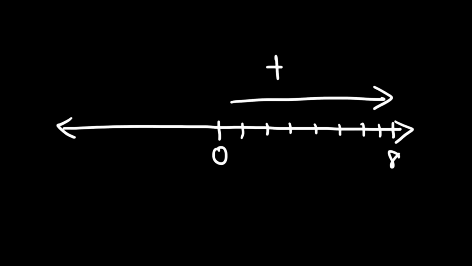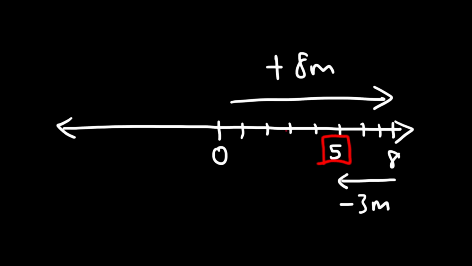During the first part of his trip, his displacement was positive 8. Then he traveled 3 meters west, so his displacement is negative 3. So now he's at position 5. And so his net displacement is 5 meters because he started from position A and now he's at position B, which is located at position 5.